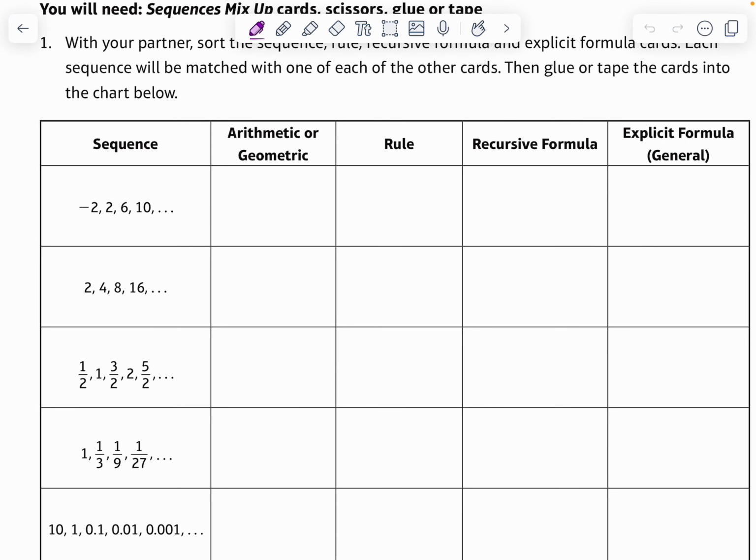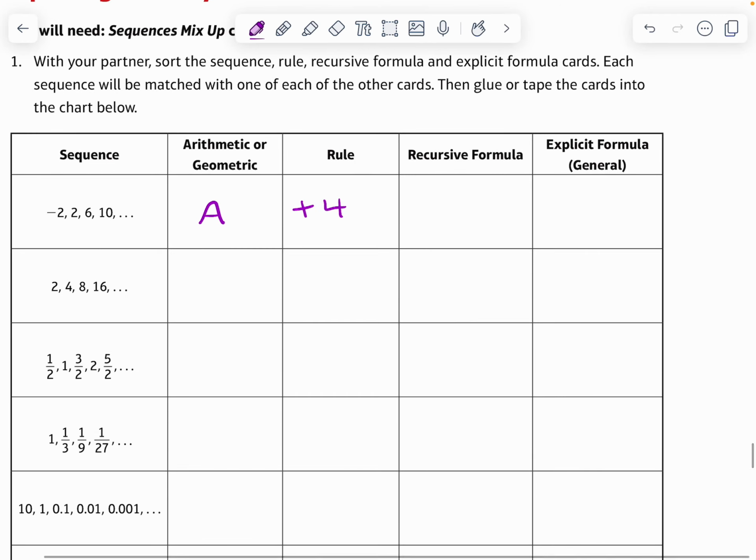Here we go. This one goes from -2 to 2, 6, 10. If you notice, it's increasing by 4 each time. I'm adding, so that is definitely arithmetic. All right, then we have to write formulas for each of them. I'm going to start with explicit. That's the general one. It's nice because I always know I start with f of n.